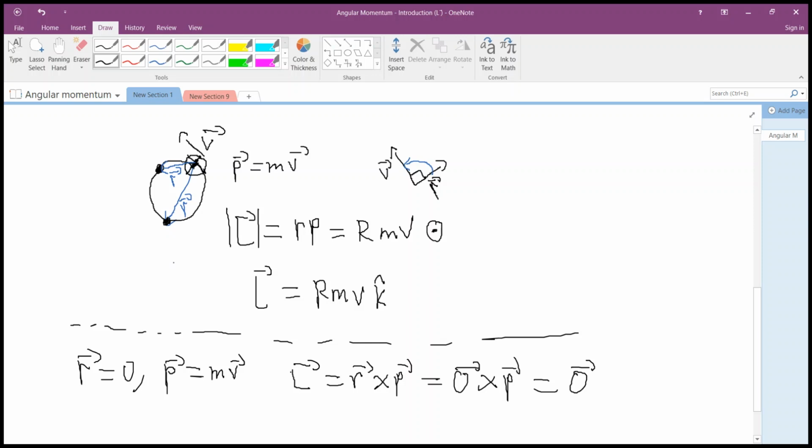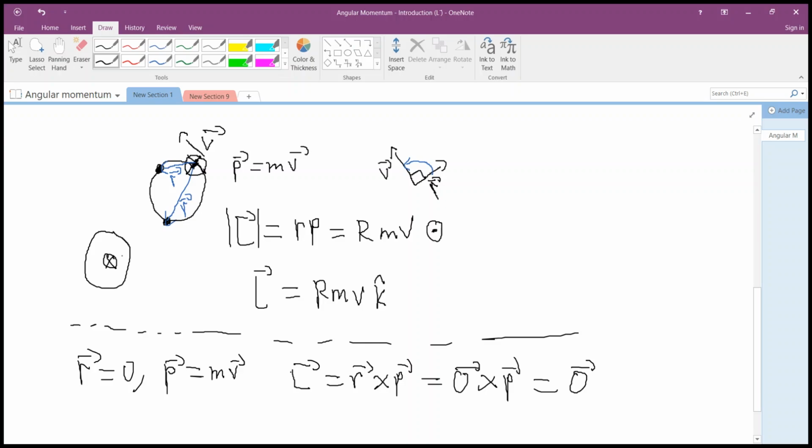Also, this r vector, as it is changing, is changing as a very complicated function. That makes it very difficult to calculate the angular momentum of the particle as it's moving about in a circle by placing the origin at a point where the particle was for one moment of time in its motion.